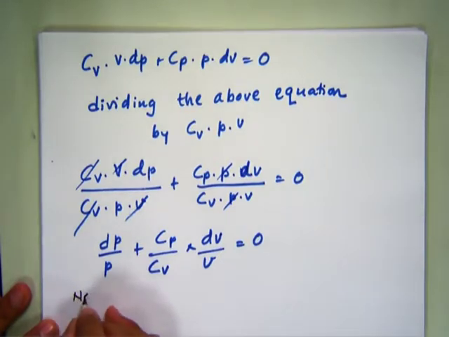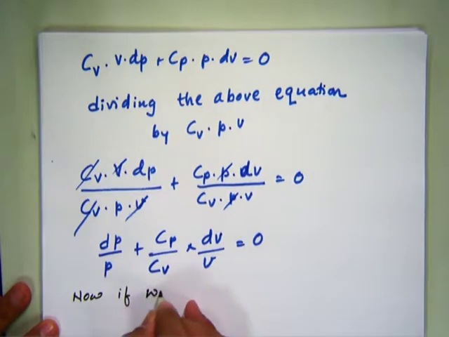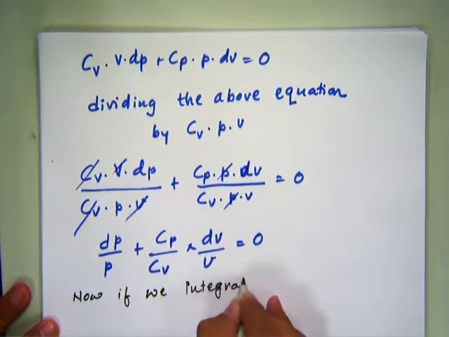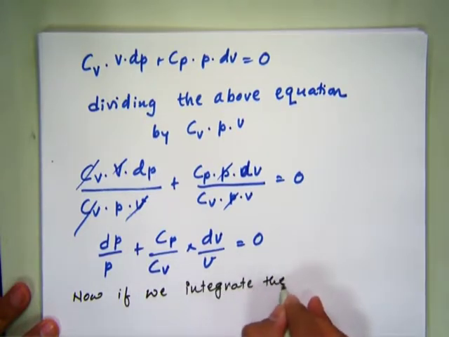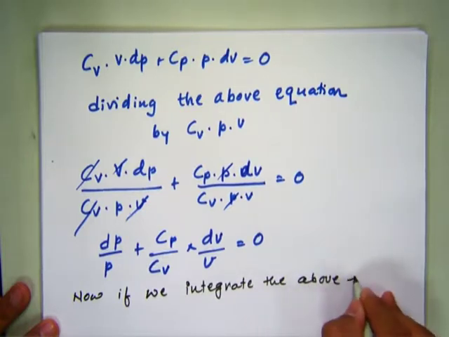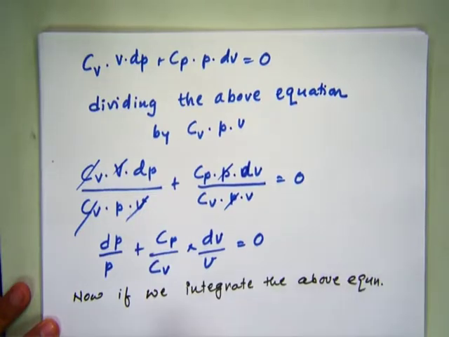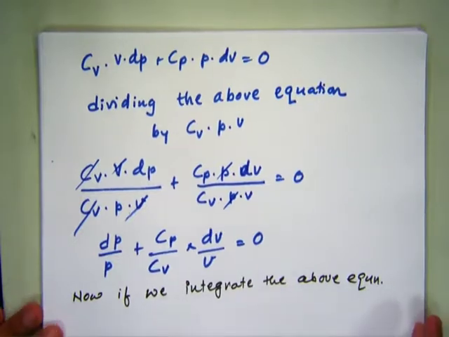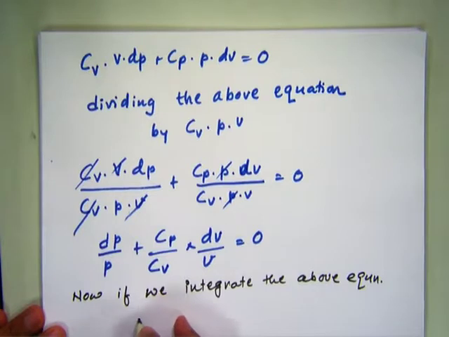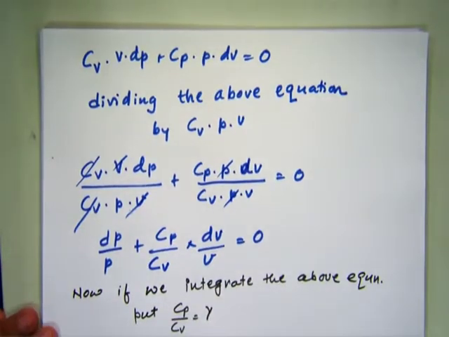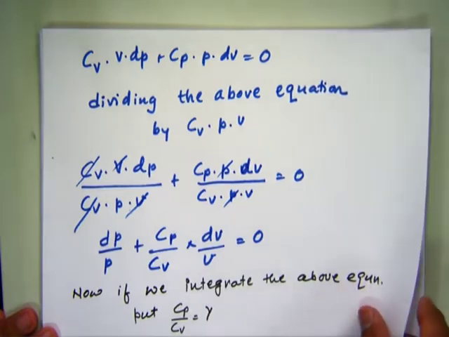Now, if we integrate the above equation and put Cp by Cv equal to gamma, what will you get?